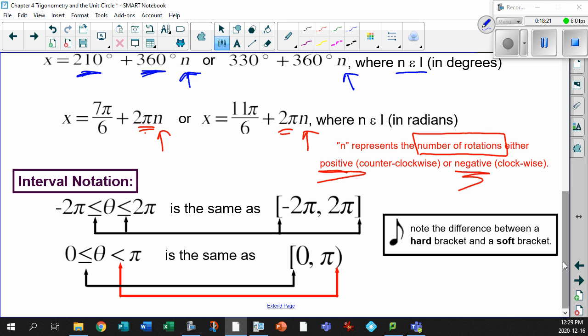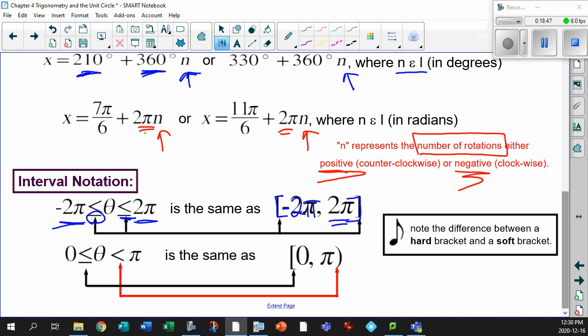So think about this now. We've got to look at this in terms of an interval. And the interval we're looking at is either negative pi over 2 to pi over 2. Are we talking about including one rotation positive and one rotation negative? Well, if we do, remember, this is an equal sign, hard bracket, negative 2 pi, equal sign, hard bracket, 2 pi, right?